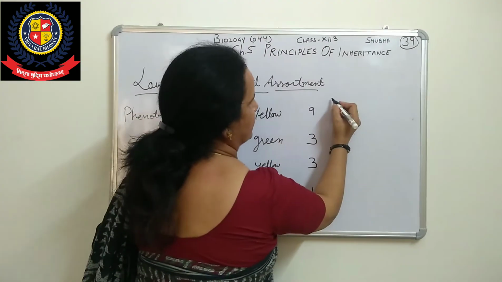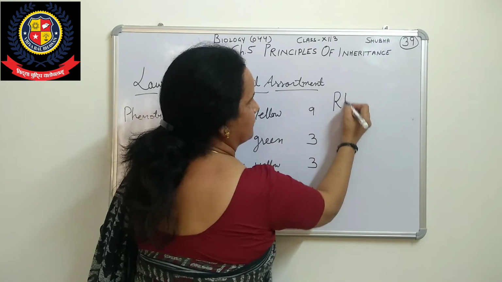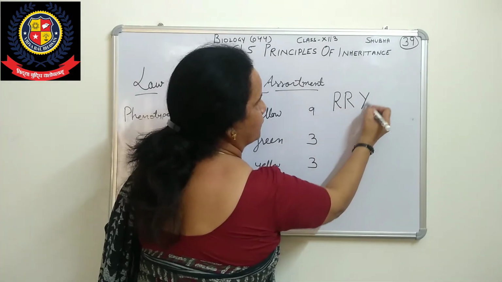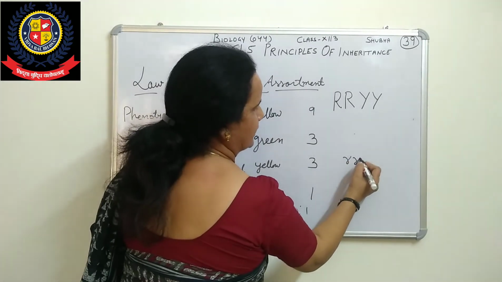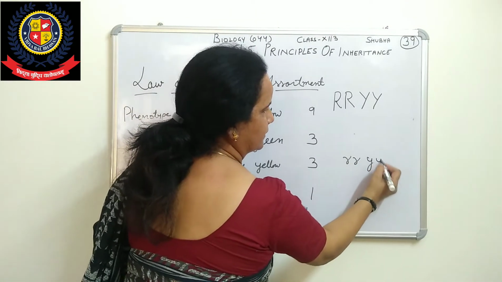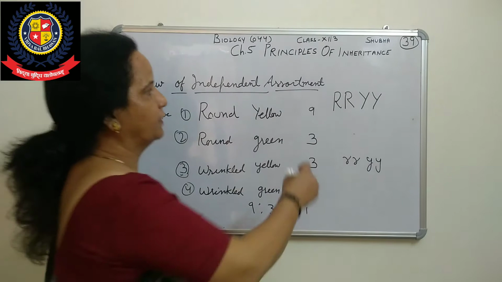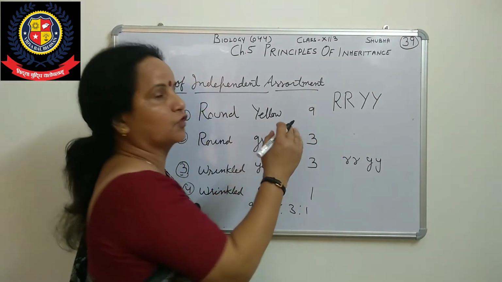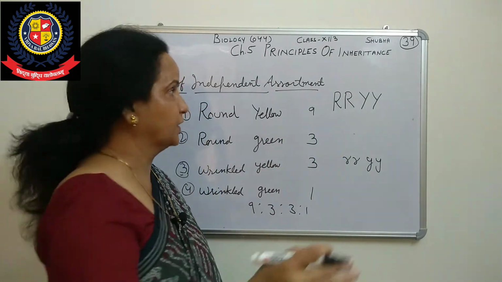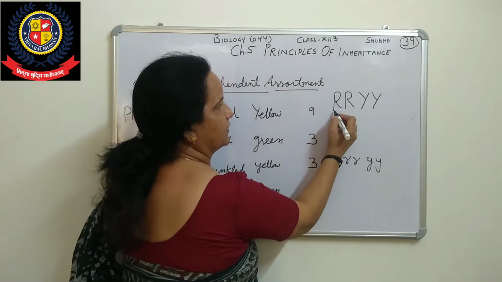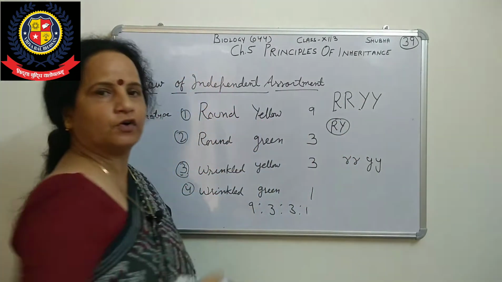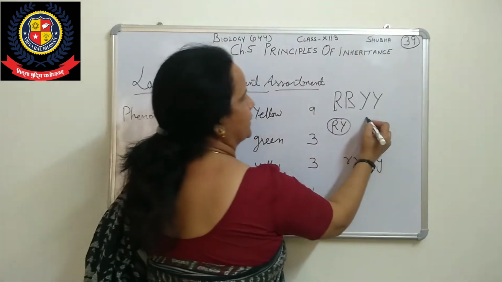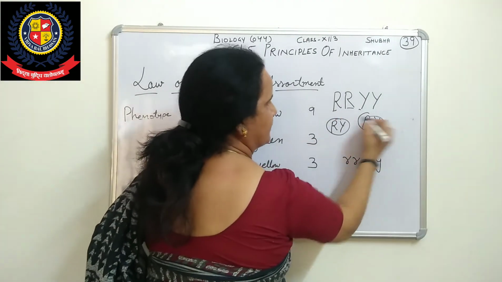Now we have taken round and yellow. Now then we have taken the next one, wrinkled and green. These two we have taken. So what will happen here, means how they are assorting, how they are separating. You see then what gametes we have got, one independently assorted. Second one we have got here R and Y. Second gamete we are getting.